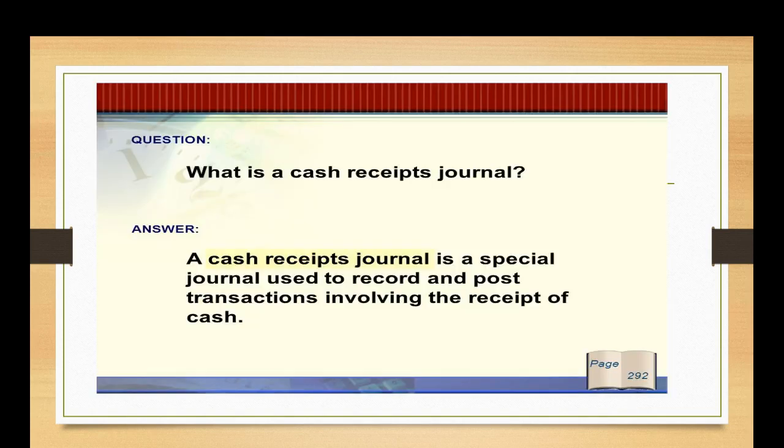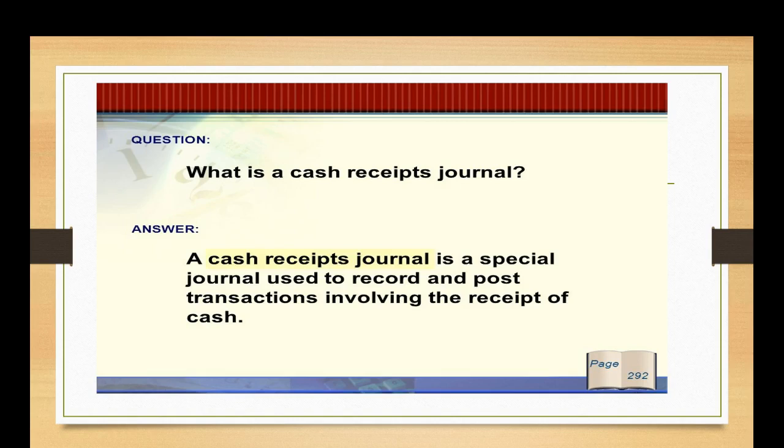So some accounting teachers don't cover the concept of a cash receipts journal. It may be in an appendix, but it's a very easy concept to understand. So there are several multi-column journals that accountants can use, and if a company chooses to use a multi-column journal, it's because the transactions have one thing in common.